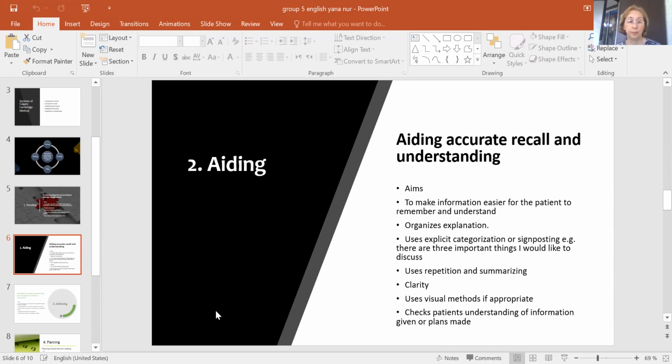When we use visual methods, it's important for the patient, because visual methods are suitable for about 70% of people around the world, and this is a scientific truth, because visual methods remind them of their diagnosis and so on.